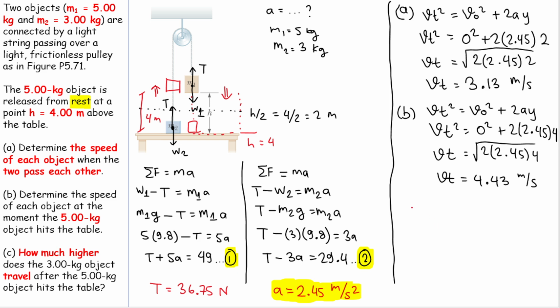So for question C, we have some initial velocity which is v0. But because they are moving together, this v0 is equal to this number here. So I'll have v0 equal to 4.43 meter per second. And eventually it will rest somewhere here, right? Before it goes down again. And the question is the displacement of this one here.